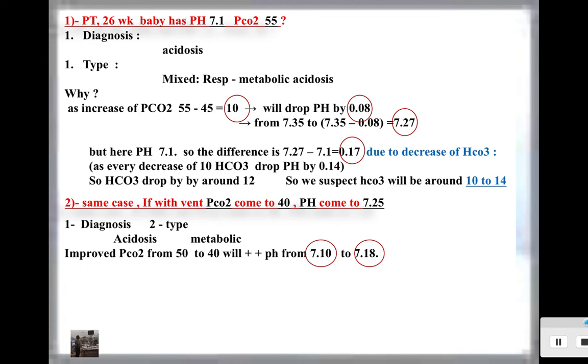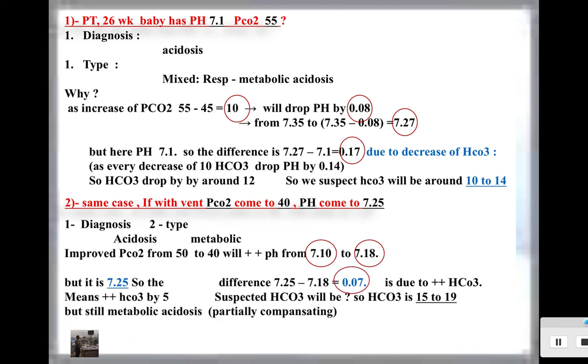So there is some more improvement, beyond the respiratory effect, from a metabolic effect, which creates the difference between 7.25 and 7.18, which is 0.07, reflecting about 5 of bicarb.